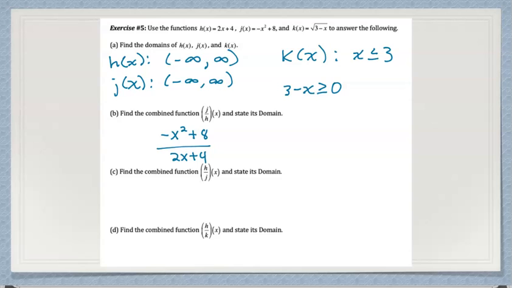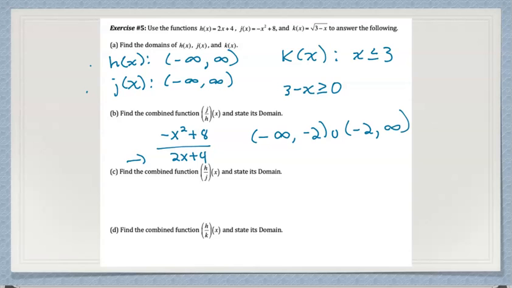Normally both of these domains are all real numbers, but I have to account for this denominator. So the domain for this combined function is all real numbers except for the value that makes the denominator 0. That value is negative 2, so I'm going to exclude it from my domain: negative infinity to negative 2, then negative 2 to infinity.